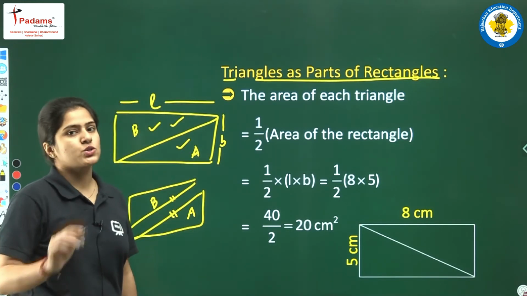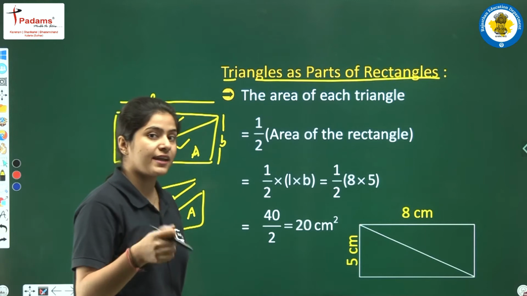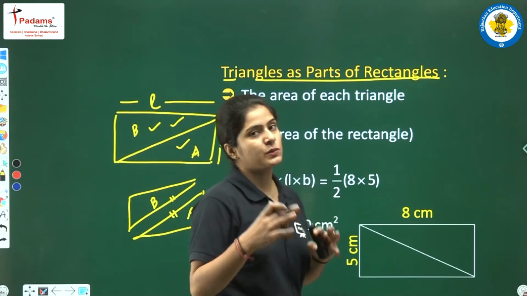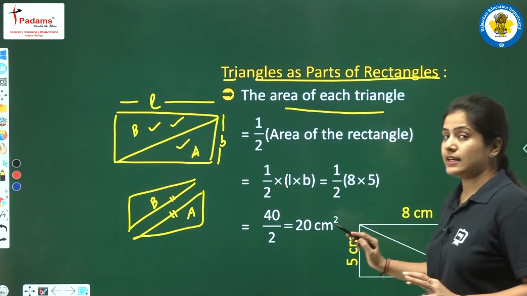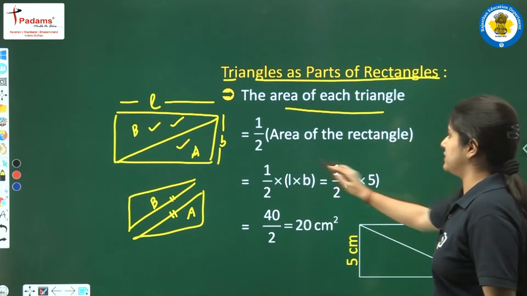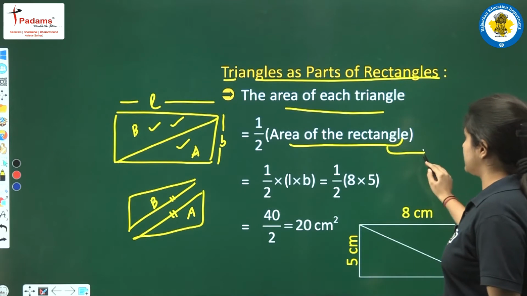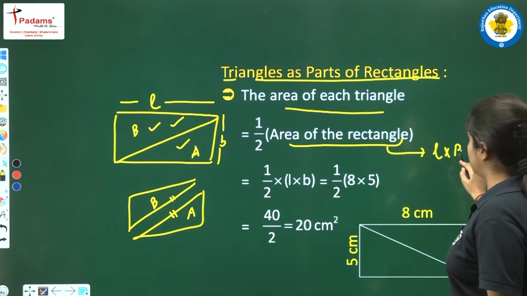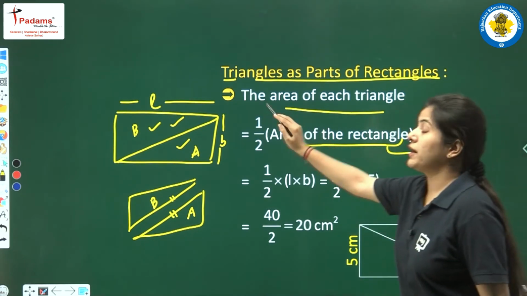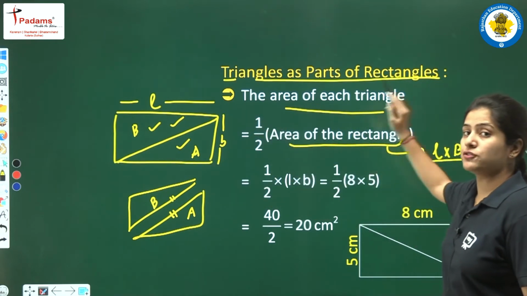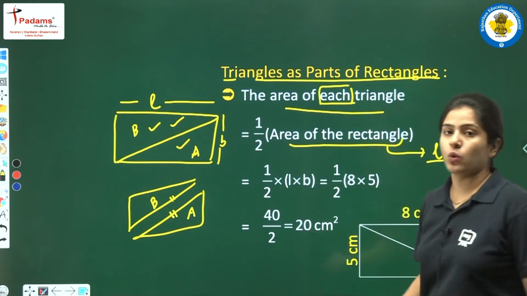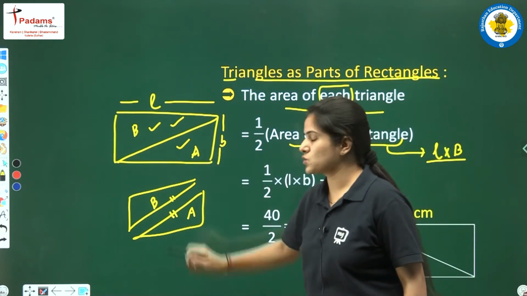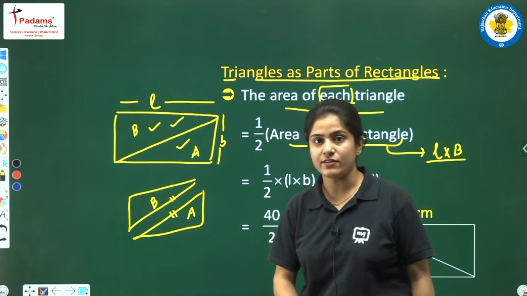Alright students, we all know what the area of the rectangle is. The area of a rectangle is equal to length multiplied by breadth. Now if I'm talking about the area of each triangle, how many triangles are there? Two triangles are there in a rectangle, right?